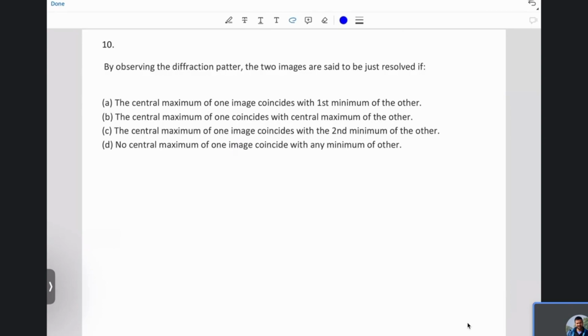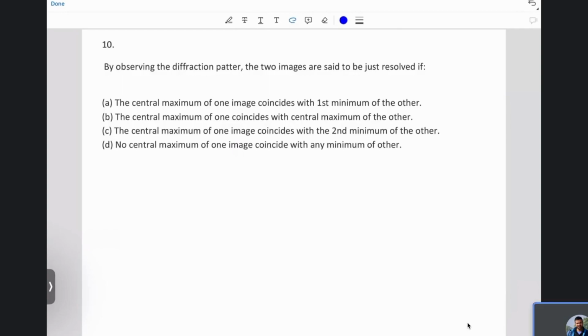Suppose you are using an optical microscope to look at bacteria or something. There is a parameter called angle of resolution or resolution power of a microscope, and telescopes also have resolution power. Those are based on this diffraction pattern, right?